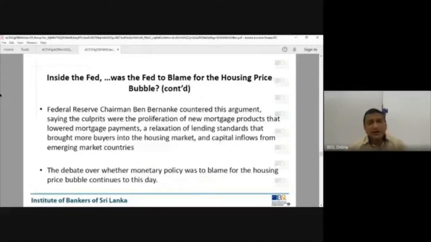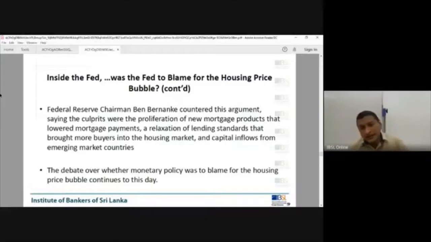But at the same time, there are arguments against, and Bernanke, one of the very respected Fed chairmen, was the Fed chairman for 8 years continuously.